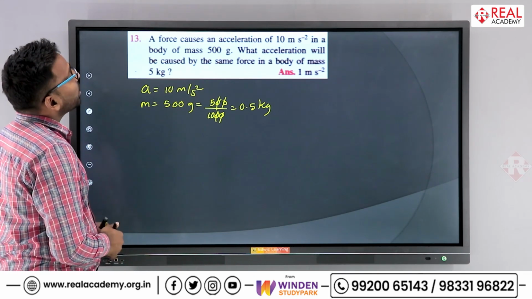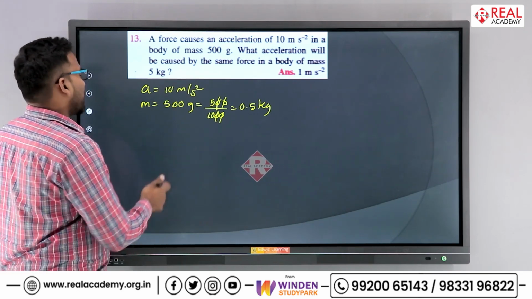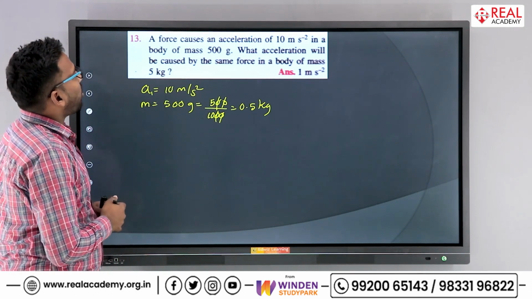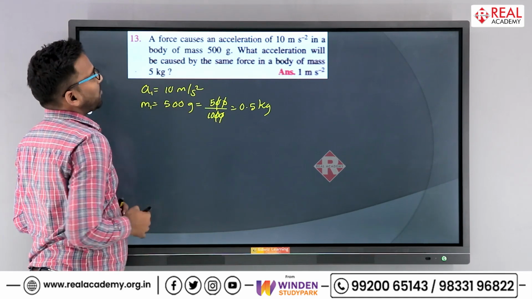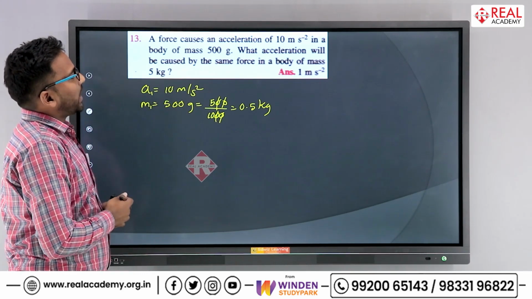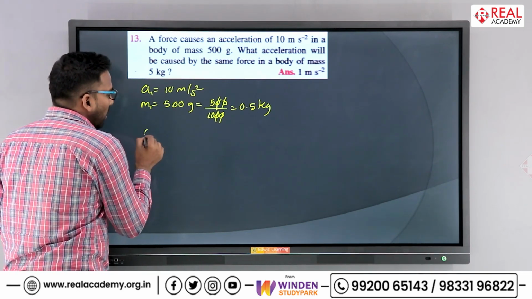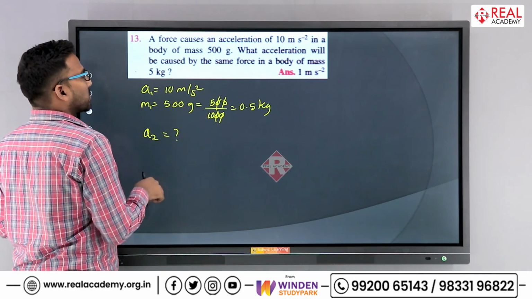A force causes an acceleration 10 meter per second square. Let us say this acceleration is A1 in a body of mass 500 gram. Let us say this is M1. Now they are asking us to find what acceleration will cause. That means they are asking to find A2 by the same force.